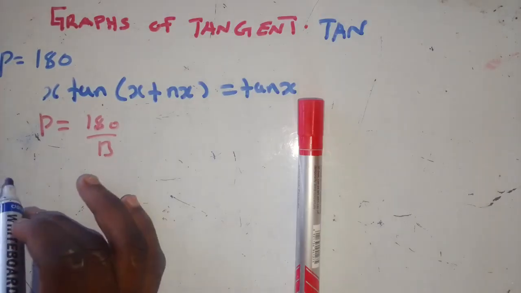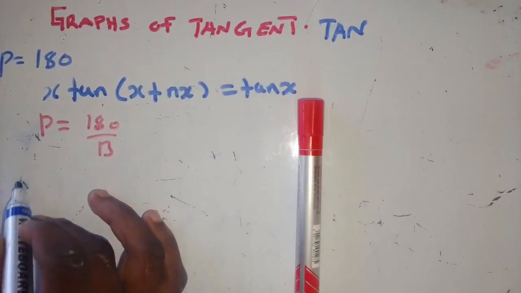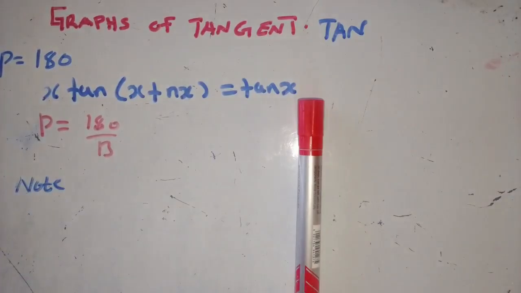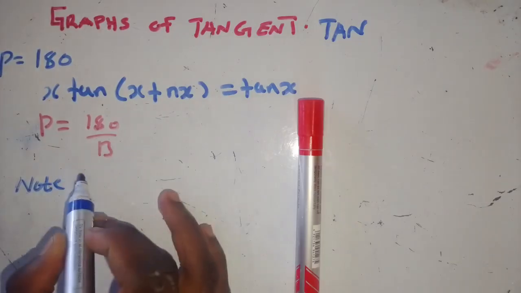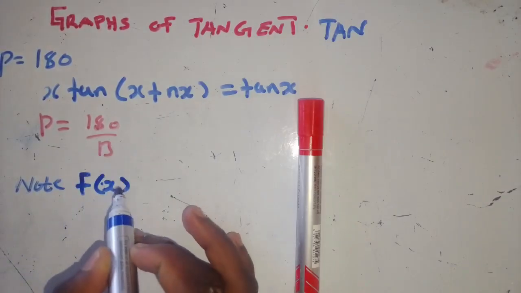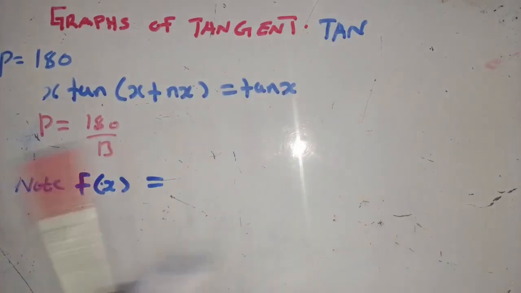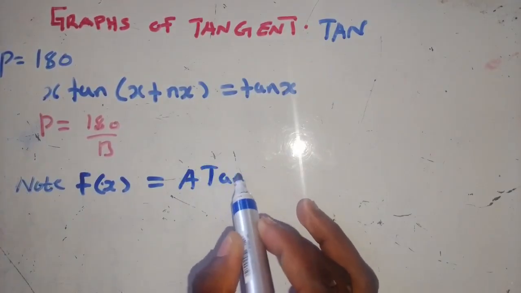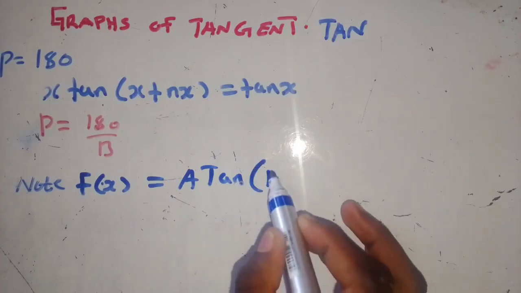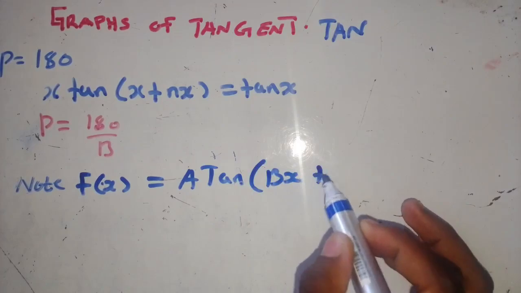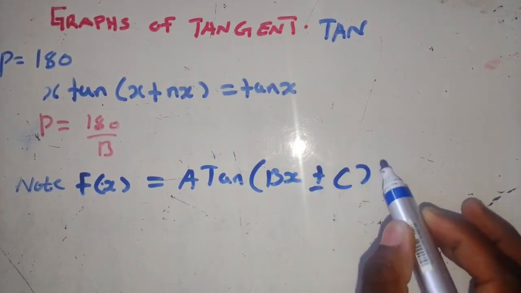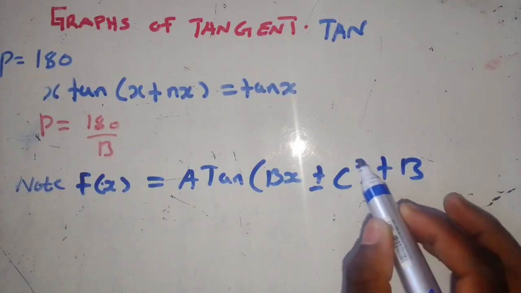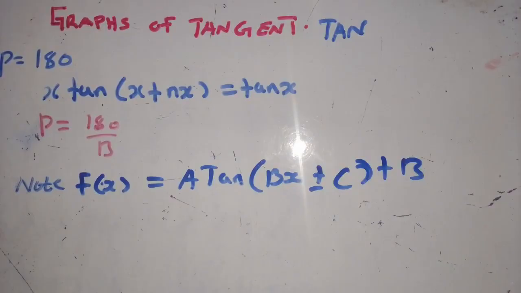Note that maybe we have a function like this: f(x) = a tan(bx plus or minus c), where c is just the angle.